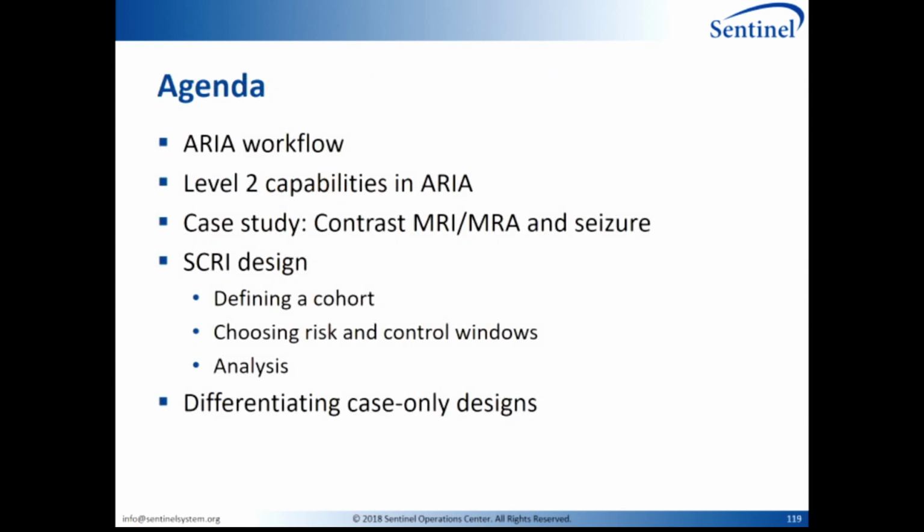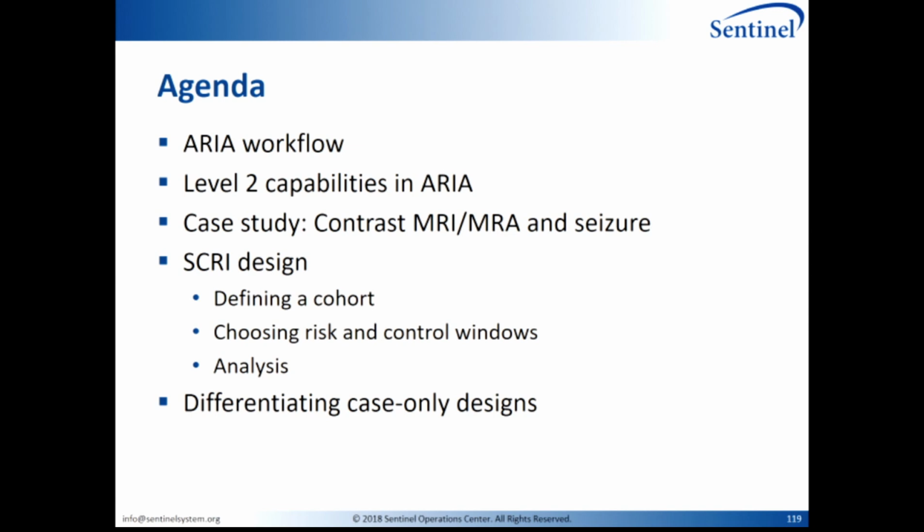So the agenda for my section of this talk is to describe briefly the ARIA workflow, which you've already heard quite a bit about, and then talk about the level 2 capabilities in ARIA. And then the meat of the discussion will be the case study, which relates to contrast MRI and MRA and the risk of seizure.